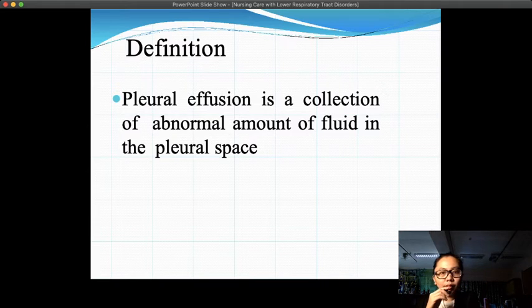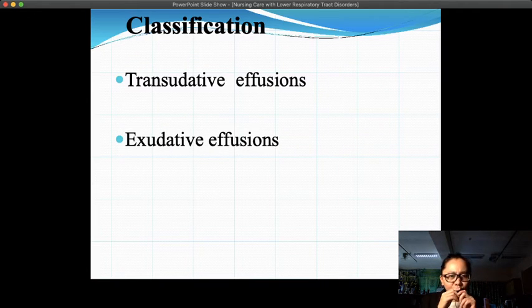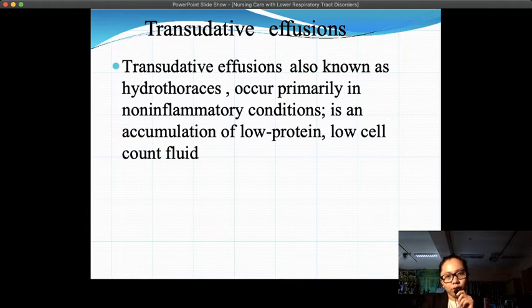So, classification, we have the transudative effusions and we have the exudative effusions. Transudative effusions, also known as hydrothoraces, occur primarily in non-inflammatory conditions in an accumulation of low protein, low cell count fluid.